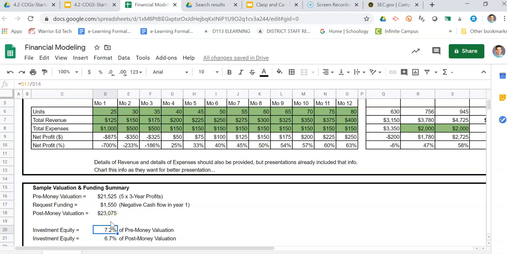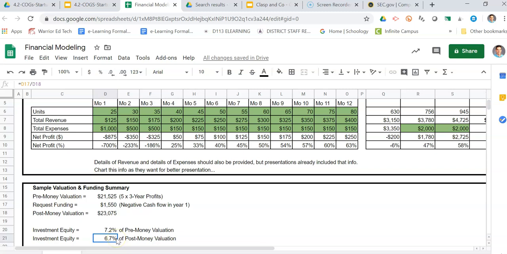And guys, these numbers are really, really low. It's just to show you how the model works. The post-money valuation will obviously be a little bit lower because it's adding that in. So there's the 1,500 divided by the 23.